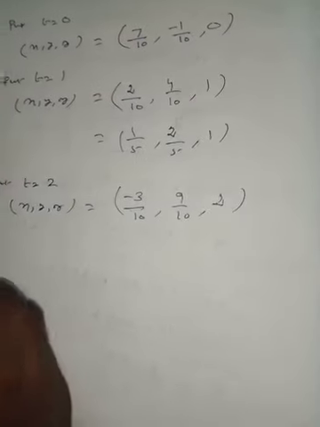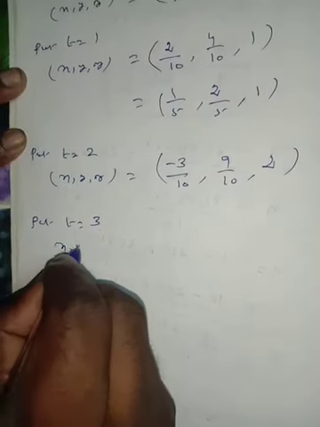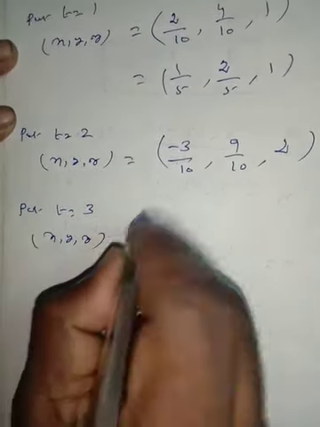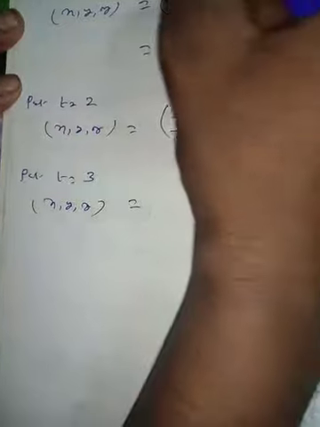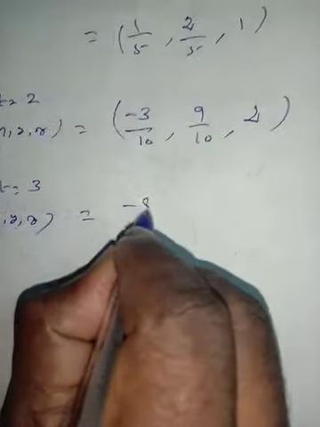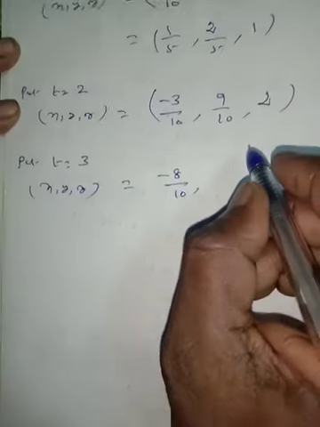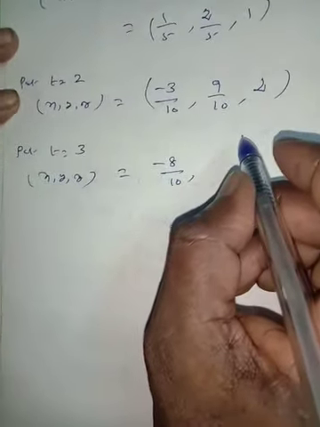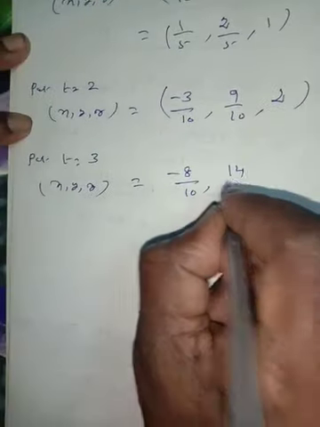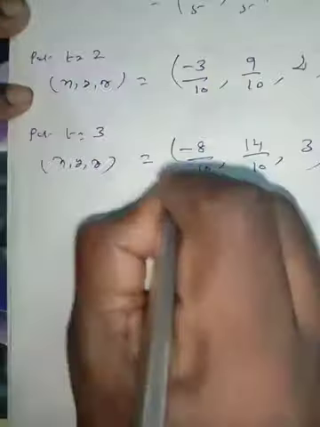Put t is equal to 3, x, y, z is equal to, apply 3 15s, 7 minus 15 is minus 8 by 10, comma, 15 minus 1 is 14, 14 by 10, comma, 3. Next, and so on.